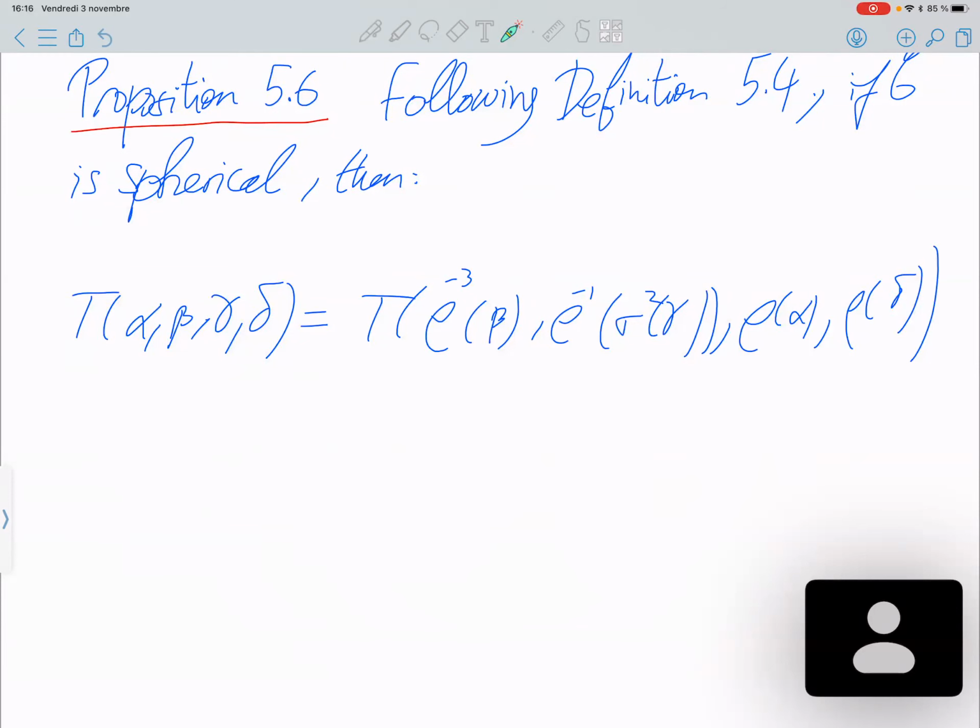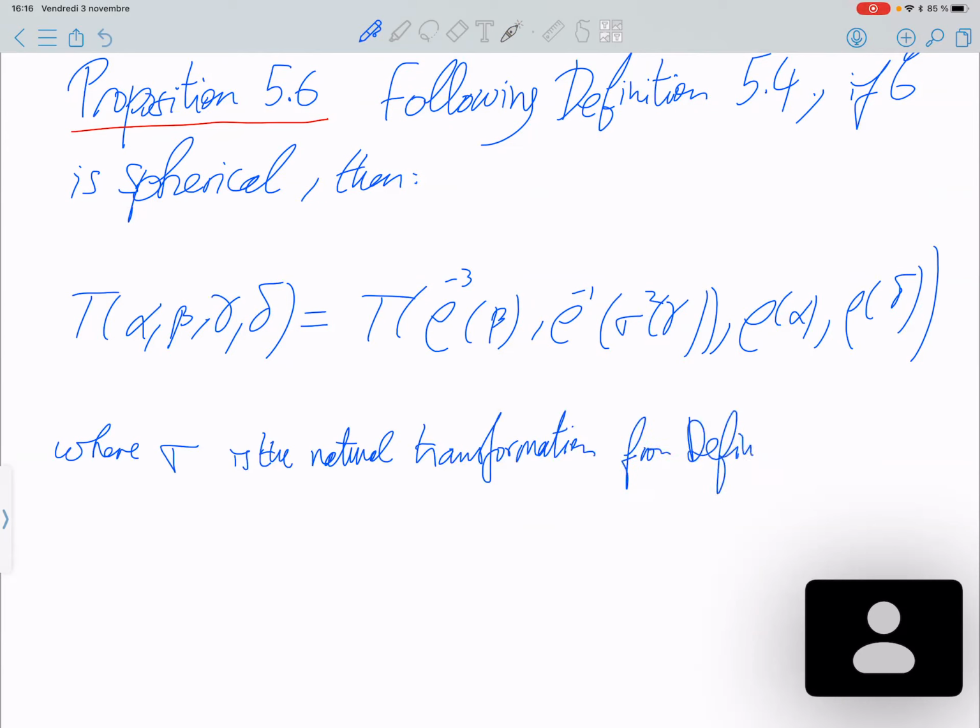So the point is that I wrote, where sigma is the natural transformation from definition 5.1. But in fact, rho is also defined in 5.1.